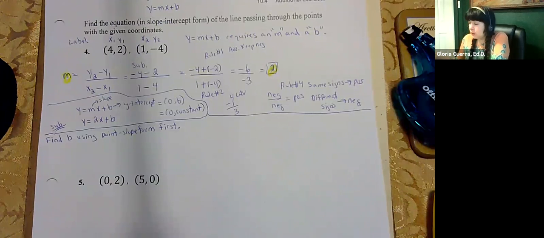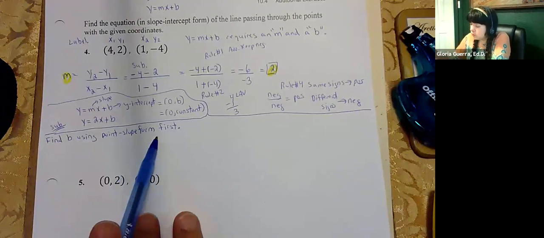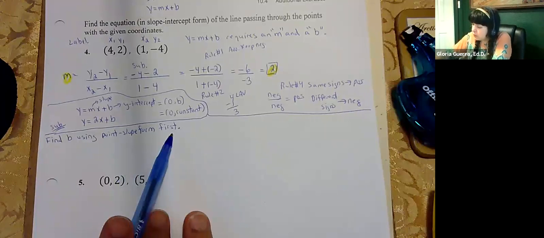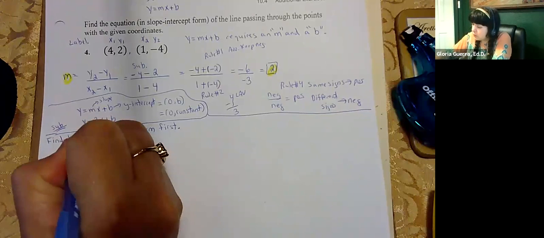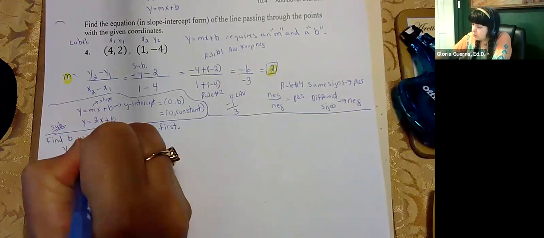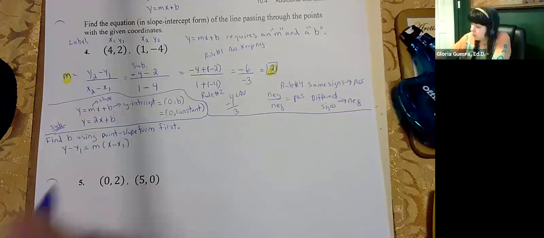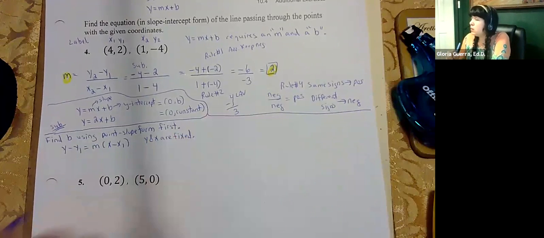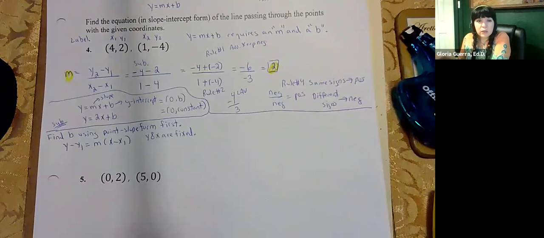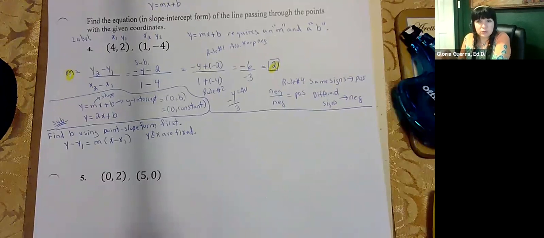Okay. So we're going to find B using the point slope form first. We have y minus y1 equals m times x minus x1. y and x are fixed, so you cannot replace those with numbers.